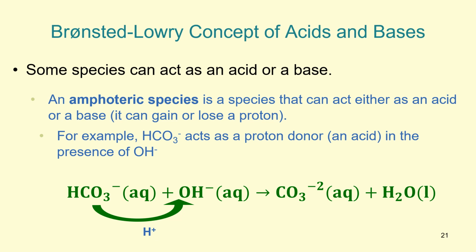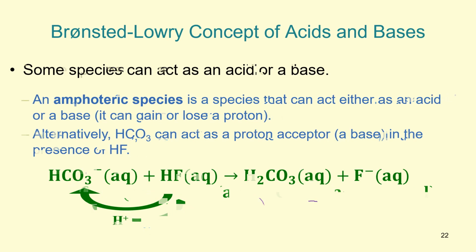because here you can see that HCO3 negative can donate a proton to OH negative to become CO3 -2. So here it's acting like an acid because it's donating a proton. But in a different situation, we saw this one earlier.